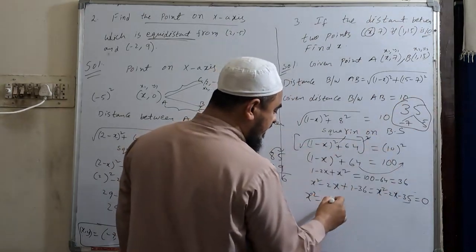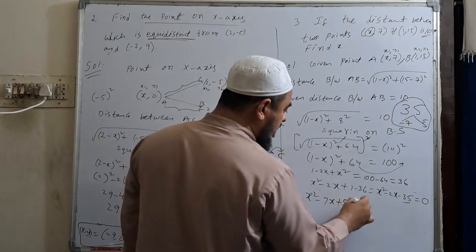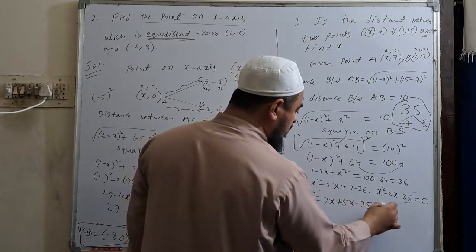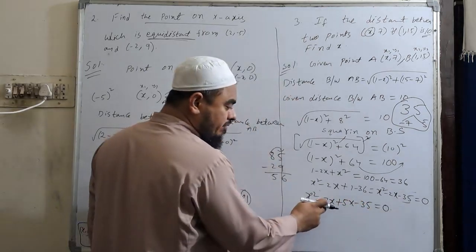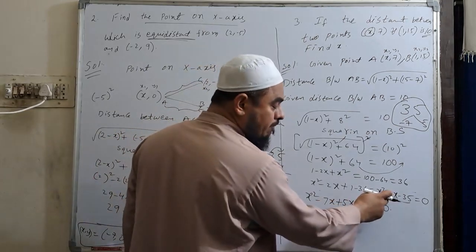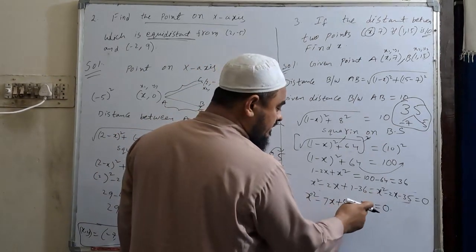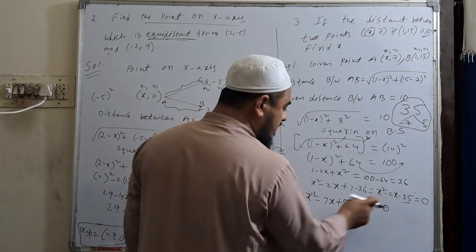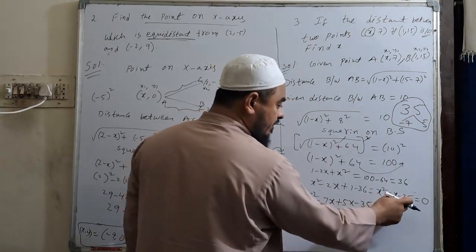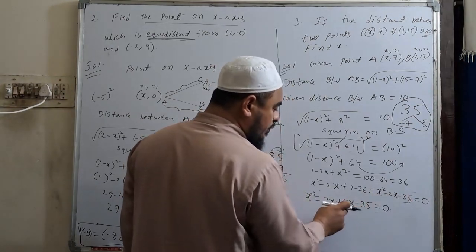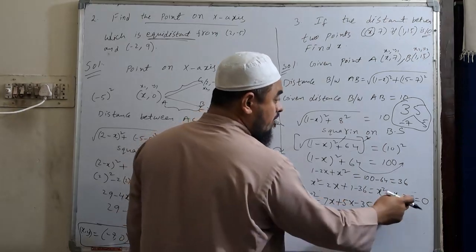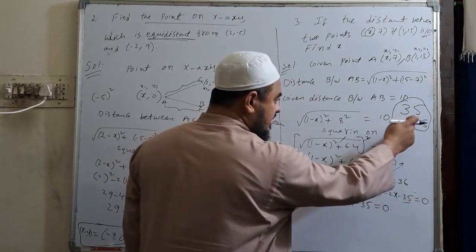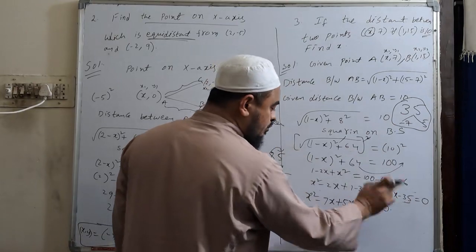So minus 7x plus 5x minus 35 is equal to 0. Minus 7x plus 5x we get as minus 2x, minus 35 as usual. So how have we got this 7 and 5? 7 into 5 is 35, minus 7 into 5 is minus 35, and minus 7 plus 5 is minus 2x.